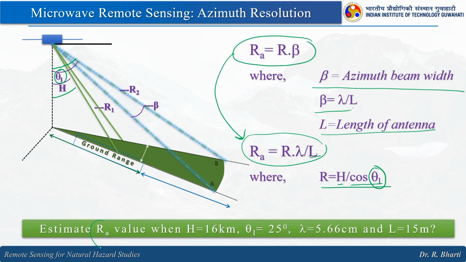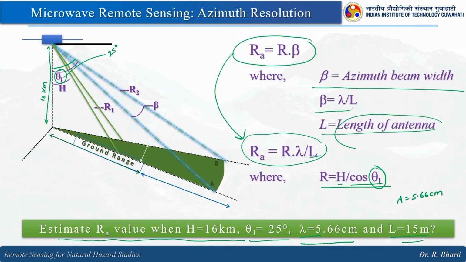Estimate the RA value when H is equal to 16 kilometer. You can practice this and try to solve this numerical. The height is 16 kilometer, theta 1 is 25 degree, lambda is 5.66 centimeter, and L is 15 meter.